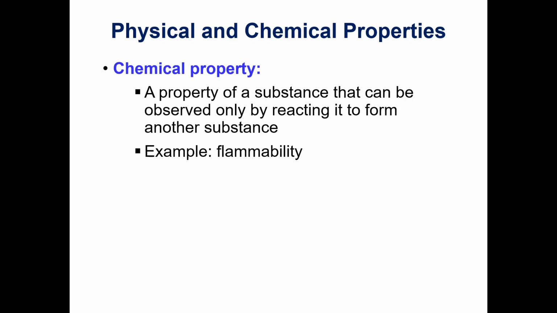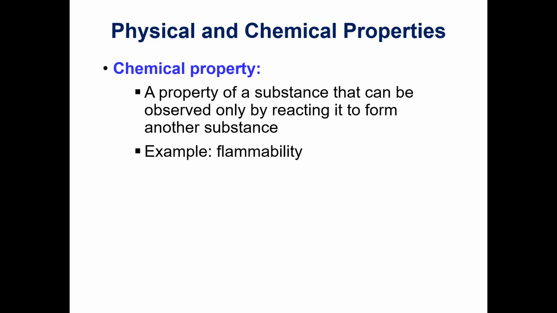A chemical property is a property that can only be observed if you react the substance with something and form another substance. For example, if we look at the flammability of something, the only way to determine how flammable something is, is to burn it, and then you're going to form an oxide of that compound.